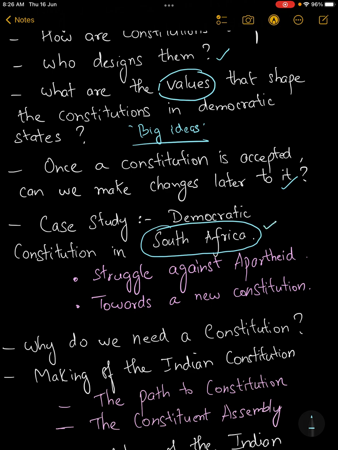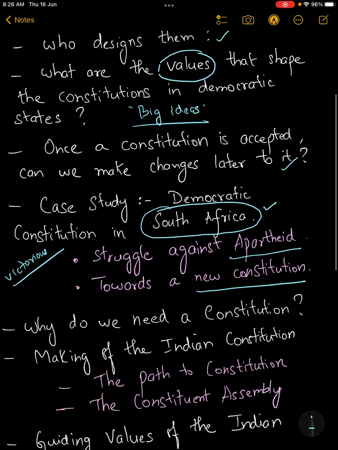Wherein we'll be seeing the history of South Africa, we will be seeing their struggle against racism, against discrimination, against apartheid, as it is called, and how after their struggle against apartheid, when they eventually became victorious, what was their journey towards the new constitution for South Africa, and under what circumstances did it emerge or was it created, right?